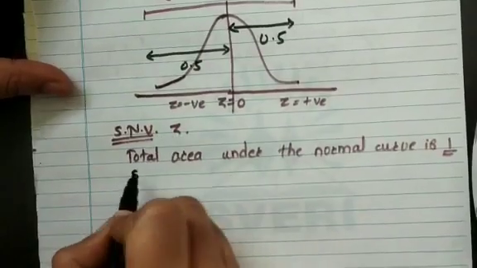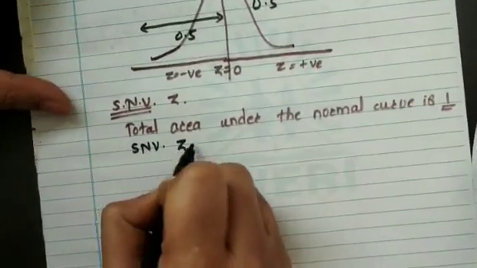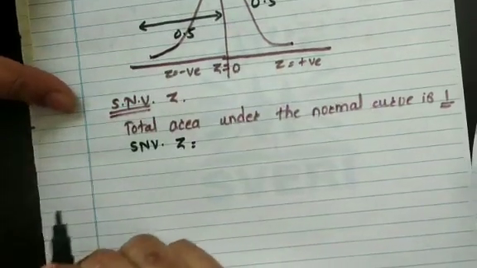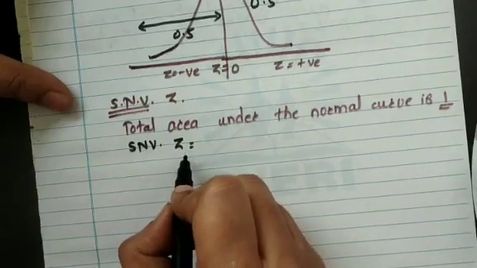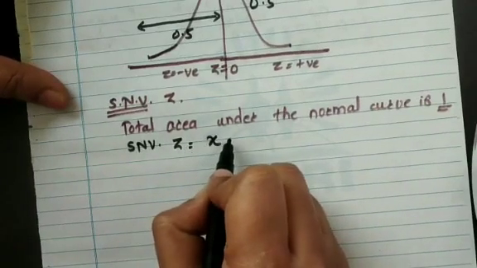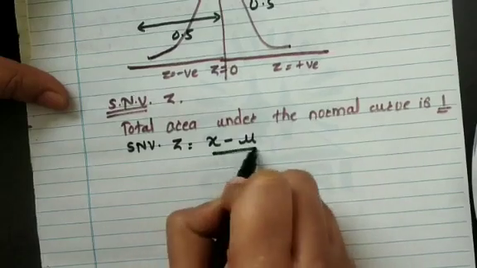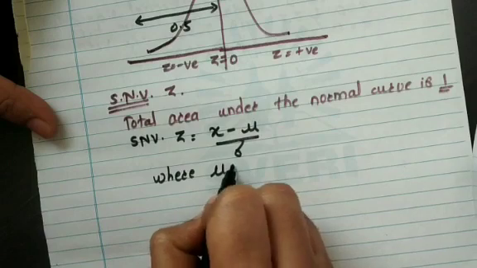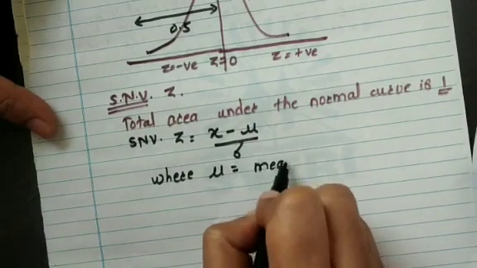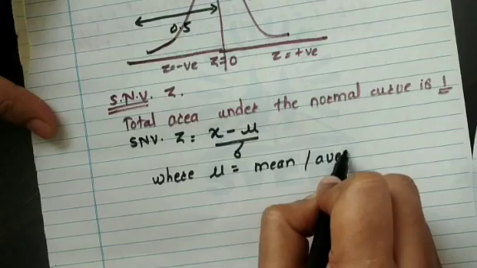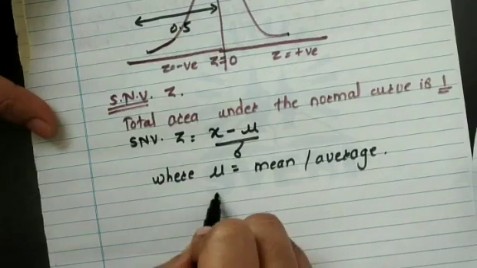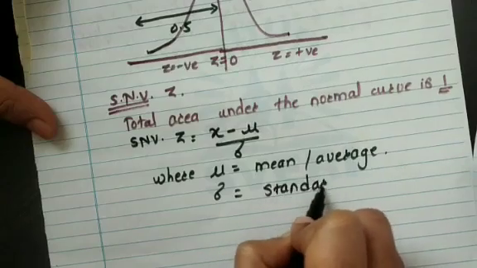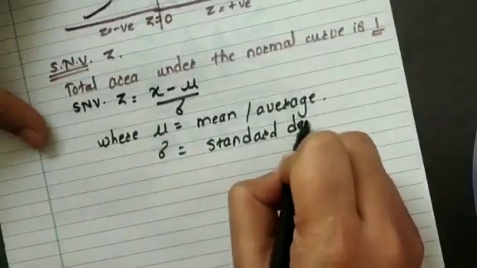Now the standard normal variable Z can be defined as: we have the data in X and we are converting it to Z. So the formula is Z is X minus mu upon sigma, where mu is mean, or we can say average, and sigma is standard deviation.